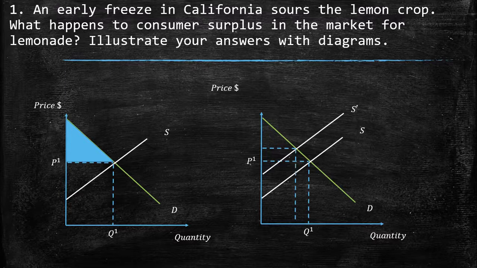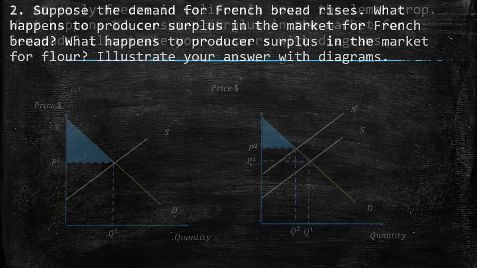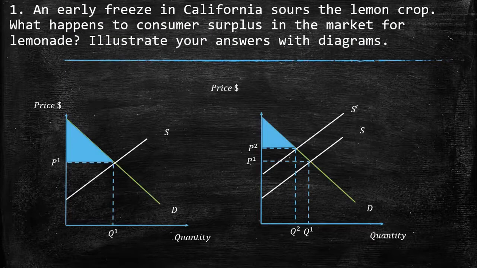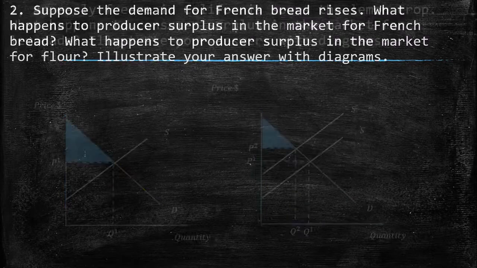This makes the quantity go down and the price go up. In this case, we see how the consumer surplus is reduced because of the increase in the price.